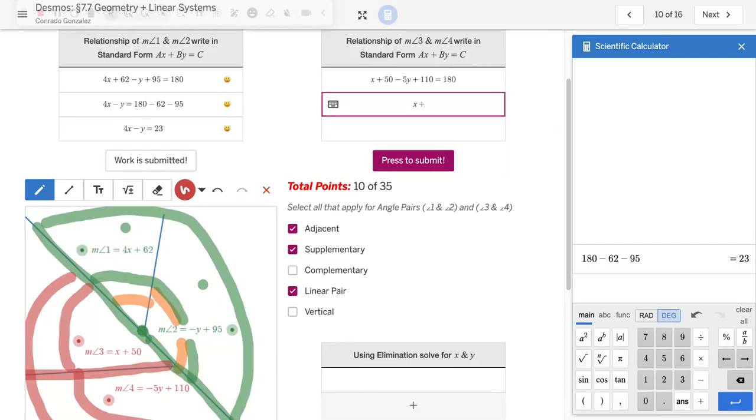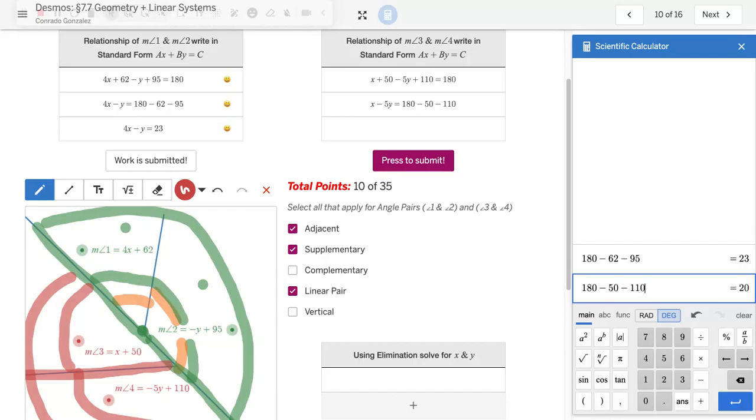Next, x minus 5y equals 180 minus 50 minus 110, and then you could use your calculator: 180 minus 50 minus 110 equals 20.